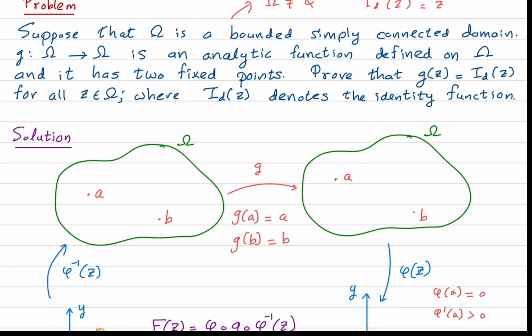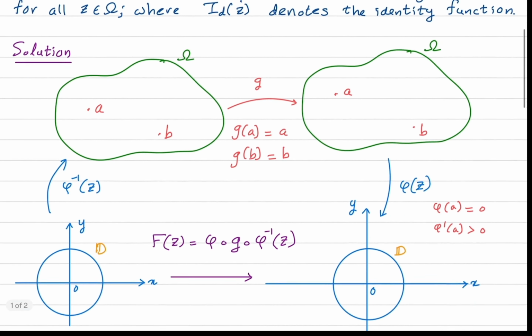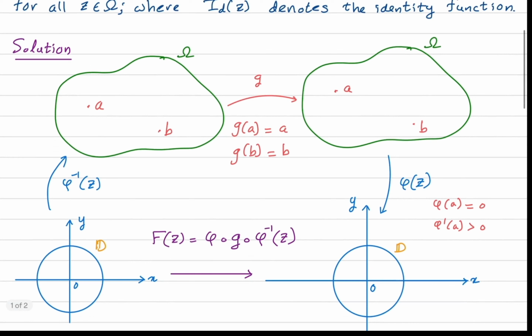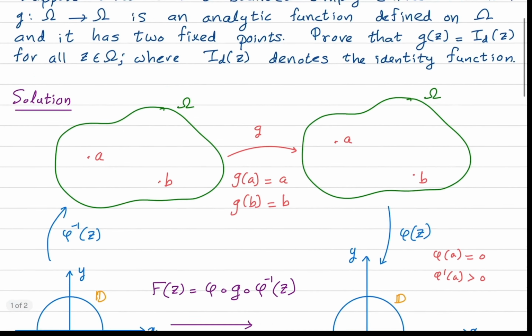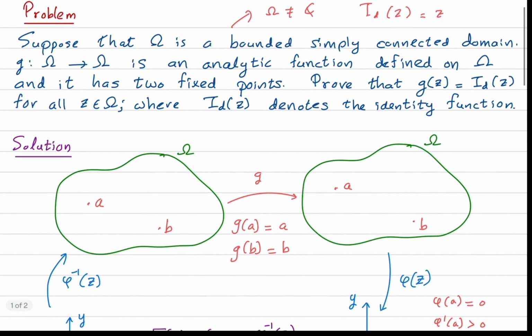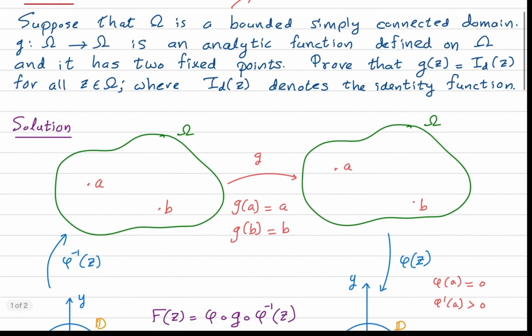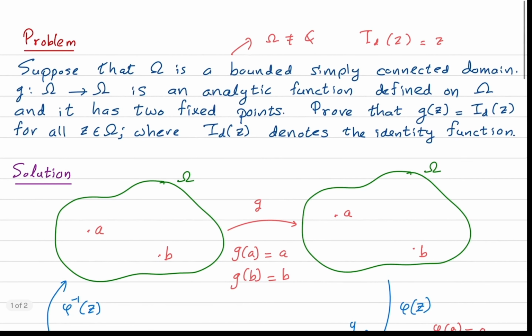Then from the Riemann mapping theorem, I know that I can map any simply connected domain to the unit disk if it is not equal to the whole complex plane. But in this case, my domain omega is bounded, so I'm sure that it's not the entire complex plane, because the complex plane is unbounded, but omega is bounded.